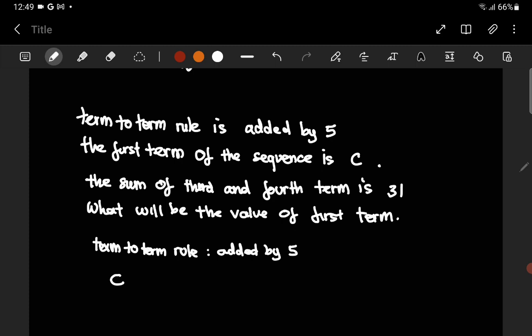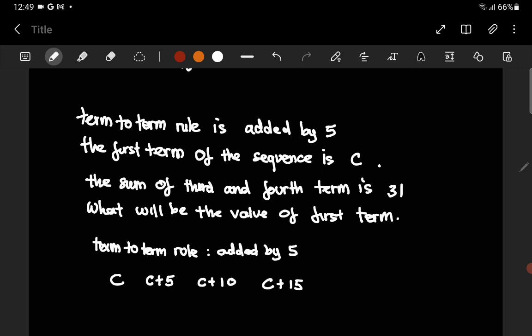Then the second one will be C plus 5, right? The third one will be C plus 5 again, so it becomes C plus 10. And then after that, the fourth term, it will be the last term, the third term, you plus it with 5 again. So it becomes C plus 15. Am I right?